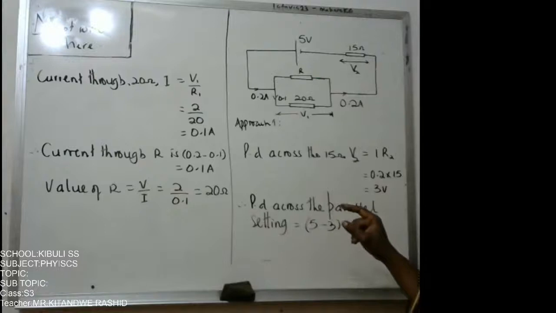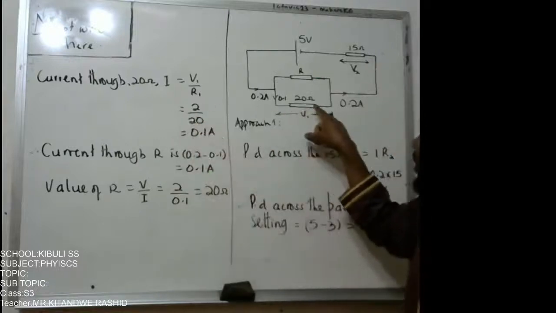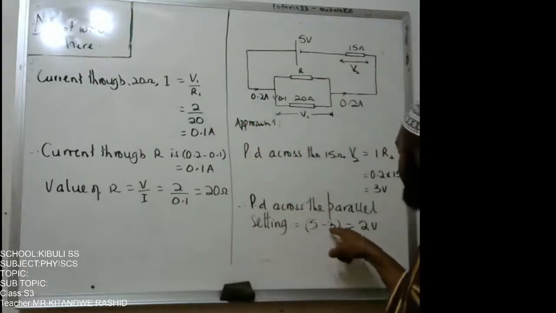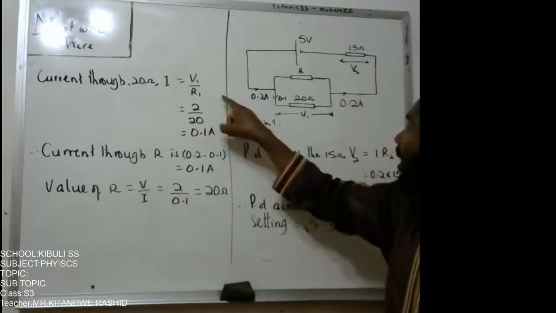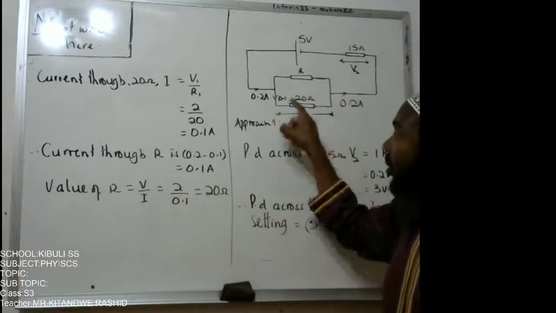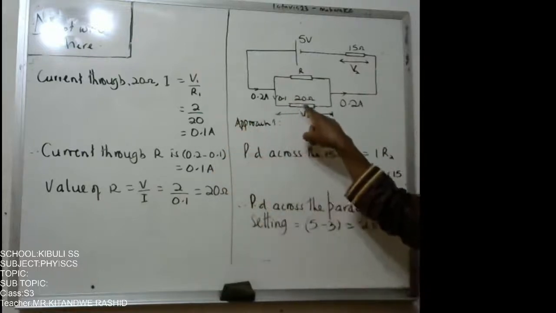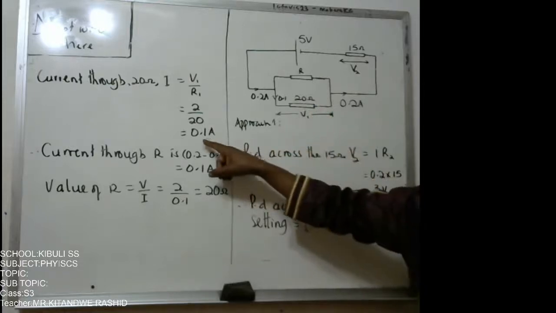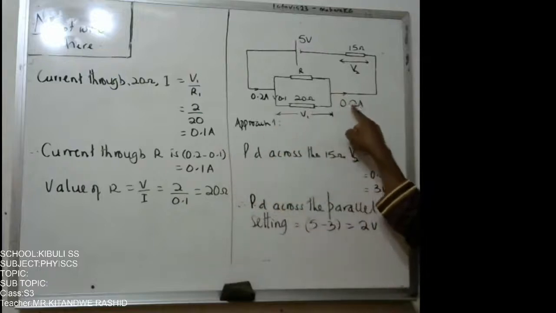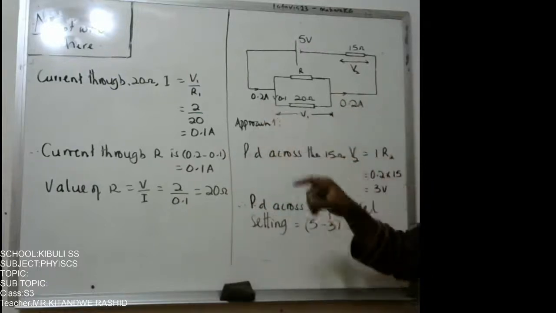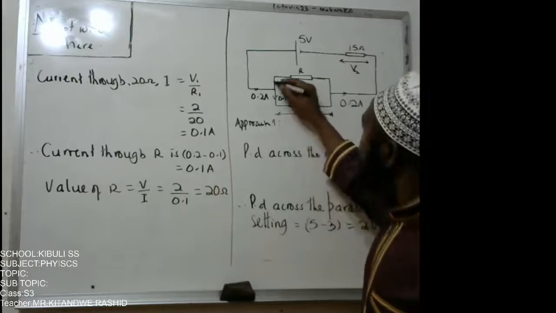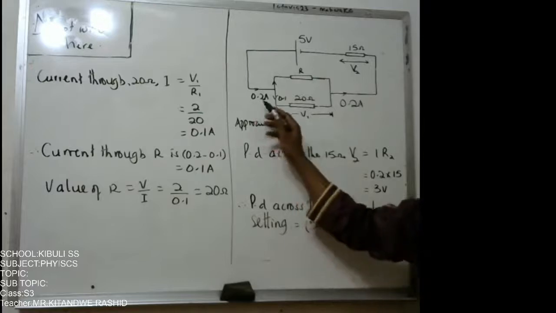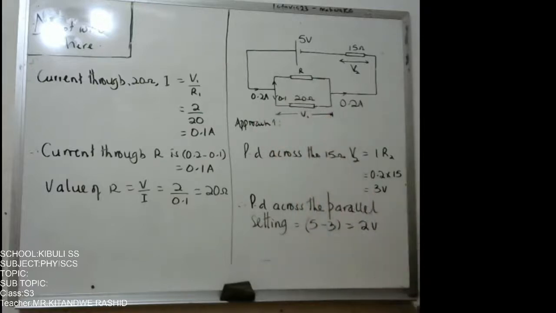So therefore, the current through the 20, which is in parallel, is going to be equal to V over R, meaning V1 over R20, which is already here. So that we can get the current through the known resistor 20. If we can now get the current through the known, we subtract it off, because this current here subdivides into 2, the one here and the one down. Of the 0.2, the 20 consumed 0.1.